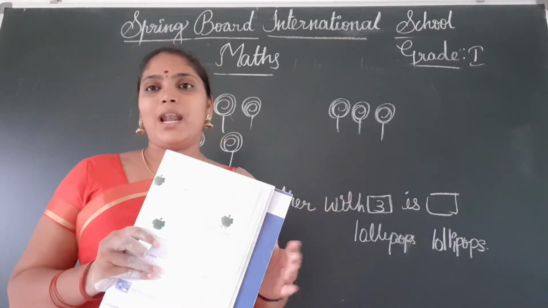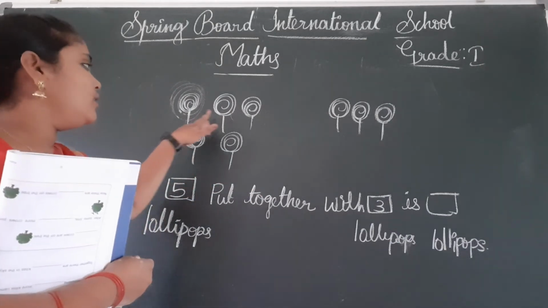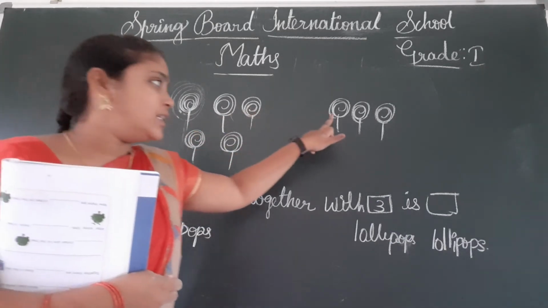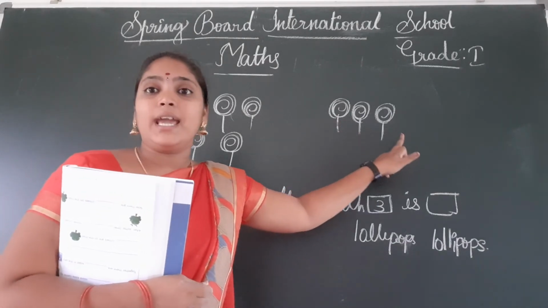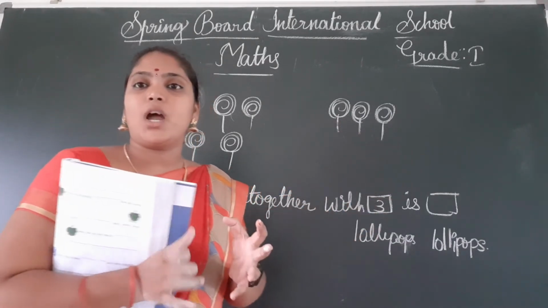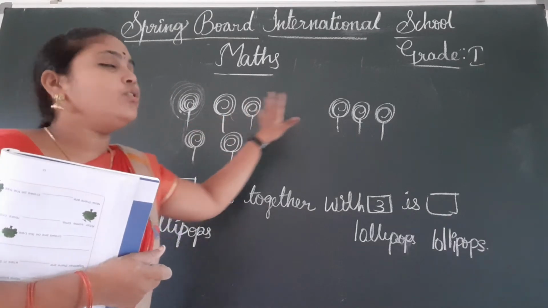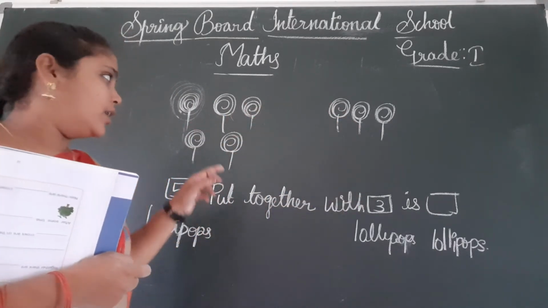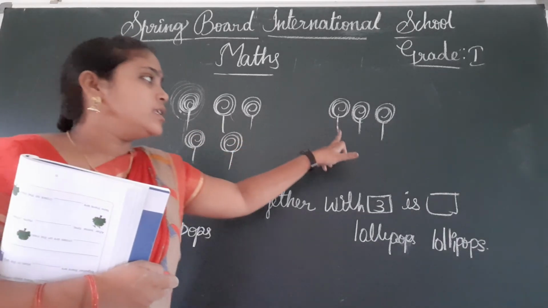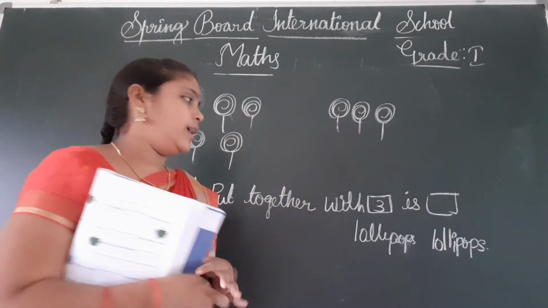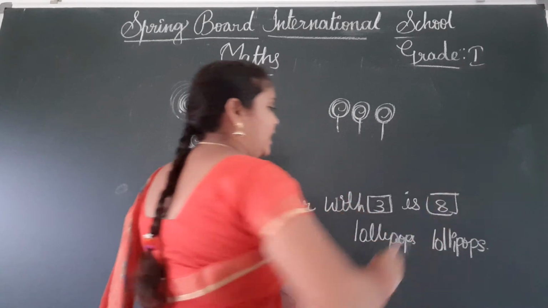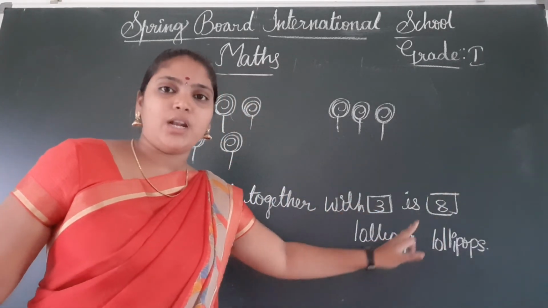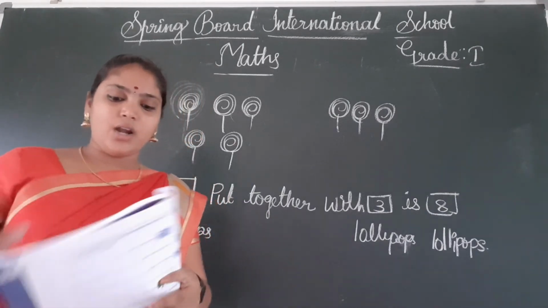Put all the lollipops. 1, 2, 3, 4, 5, after that 6, 7, 8. You have to add the total lollipops and write the answer here. So total 5, 6, 7, 8. Okay children, totally 8 lollipops. 5 lollipops put together with 3 lollipops is 8 lollipops.